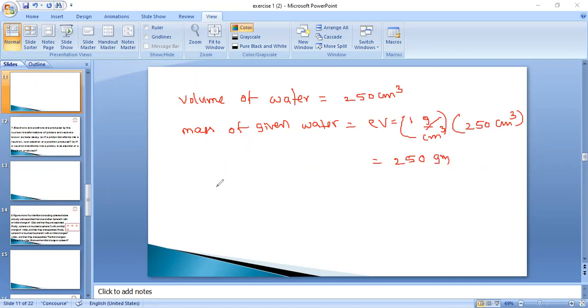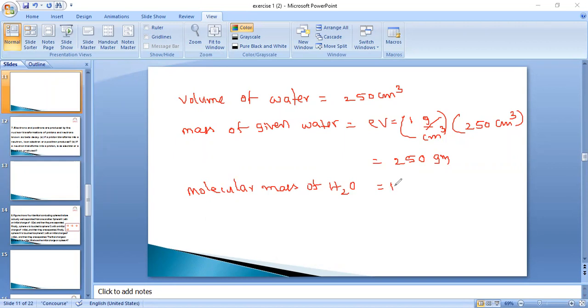Okay. And what is the molecular mass of water? Molecular mass of water, that is nothing but H2O. So for oxygen, the molecular mass is 16, and for each hydrogen it is 1. For 2 hydrogen it is 2.